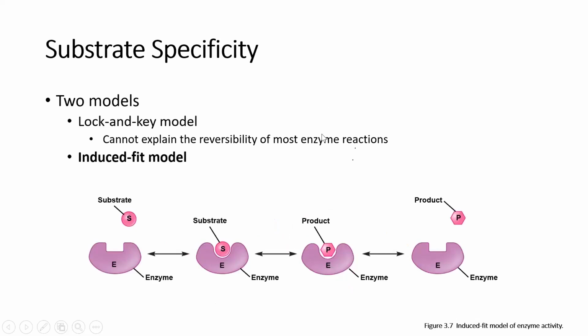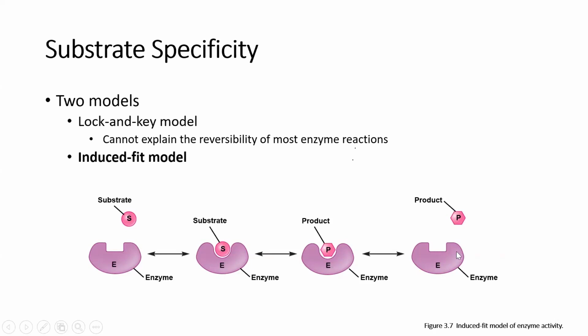The second model here is the induced fit model. And this model, or this theory, suggests that an enzyme will come in contact with a specific substrate. It will then manipulate itself to fit that substrate. The reaction will proceed, and then it will give product and enzyme on the other end. Okay, and so this does explain the reversibility, right?